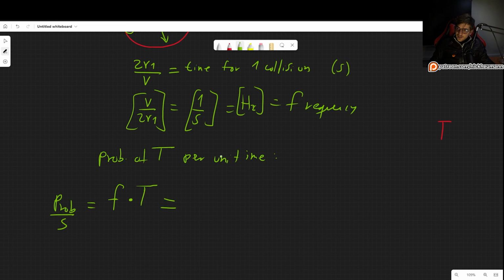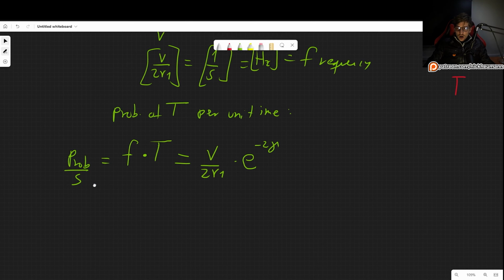So what is f? F, we saw, is the velocity of the particle over 2r1, and we saw in the previous video that the transmission coefficient using the WKB approximation will be e to the minus 2 gamma. So this is the probability of collision per unit time.